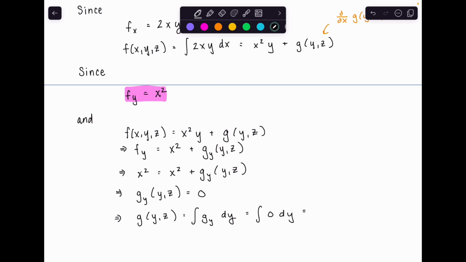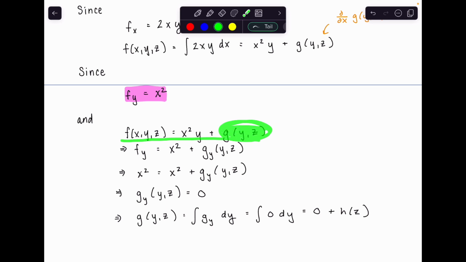Well, the integral of 0 is nothing, and then again you would get a plus a constant, but instead what you get is a function of the other variable I still have not used. So at this stage I can update this function.